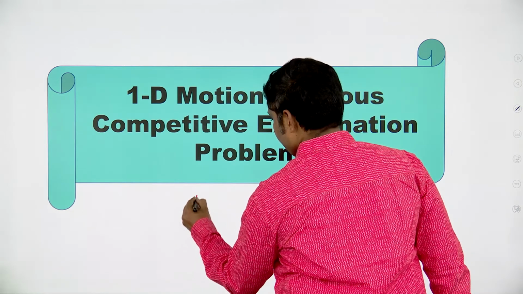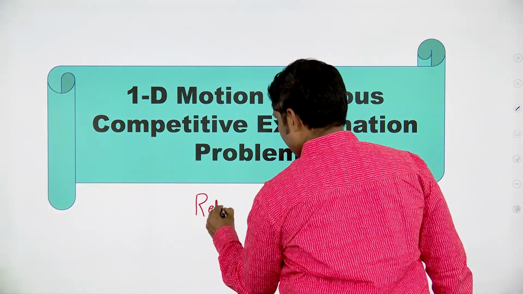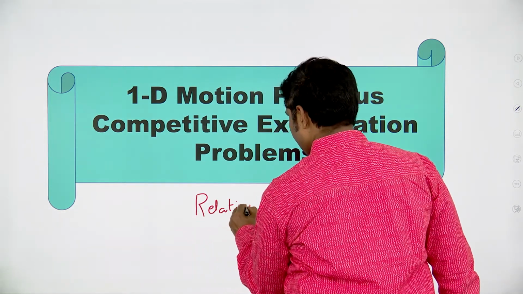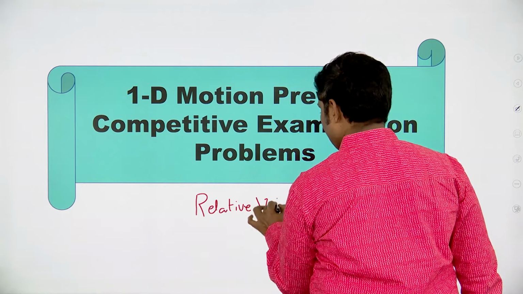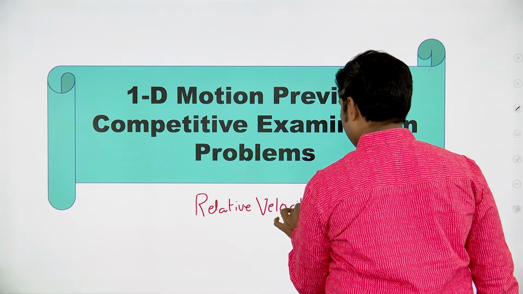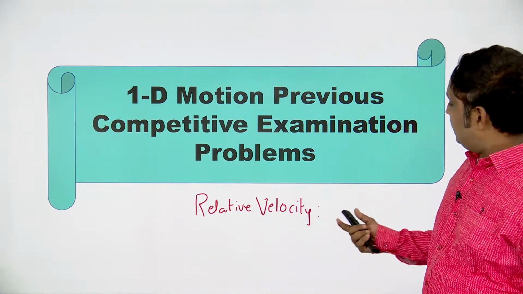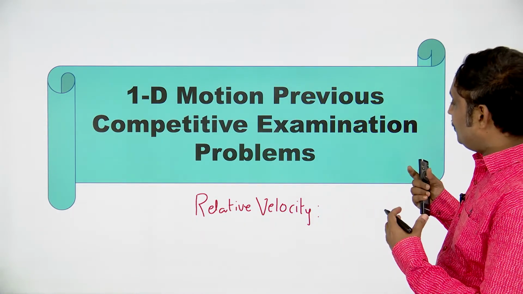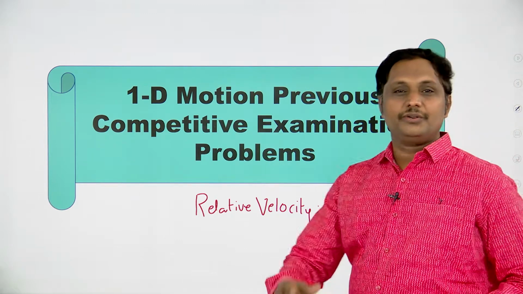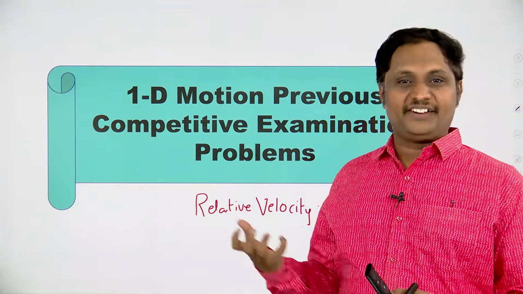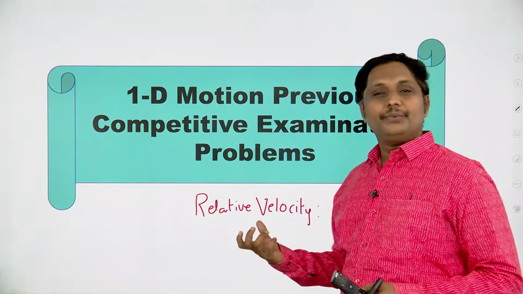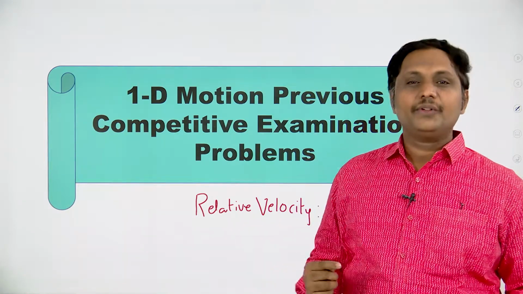Relative velocity. We have to take two objects which are moving in different directions.